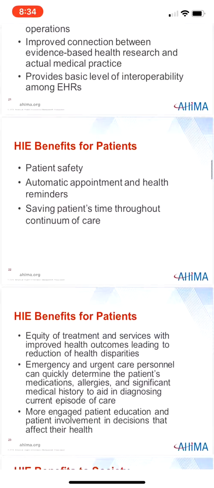Emergency and urgent care personnel can quickly determine the patient's medications, allergies, and other significant medical history to aid in diagnosing current episode of care. And more engaged patient education and patient involvement in the decisions that affect their health. And again, I didn't read all of those, but you can read those in the text.